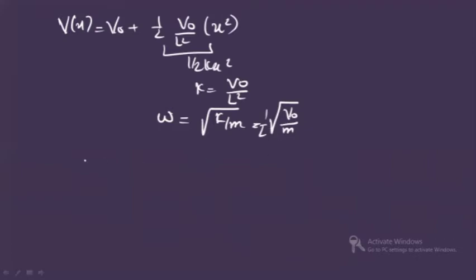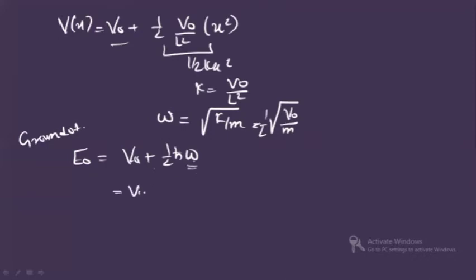Now for the ground state energy, alright, we will write E naught will be equals to what? This is the ground state energy. E naught will be equals to V naught plus half h cut omega. Right, this is the ground state energy. Now you see, in this case, V naught plus half h cut omega is there. Omega is equals to what?